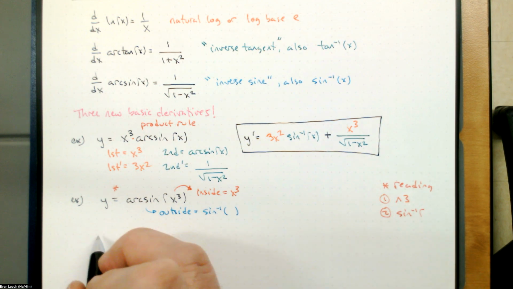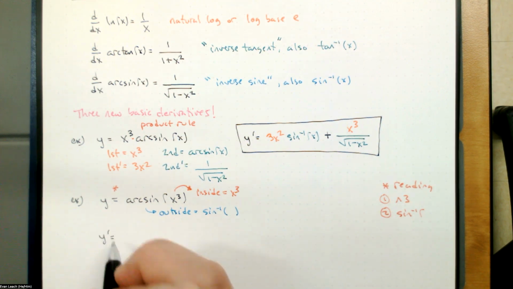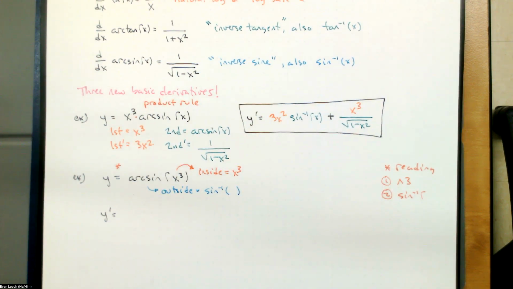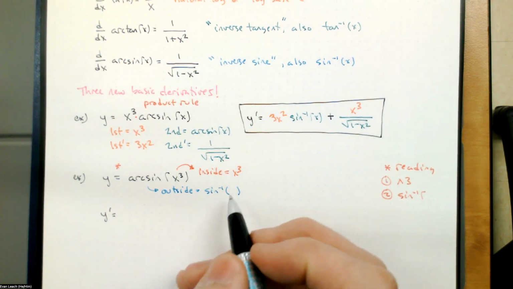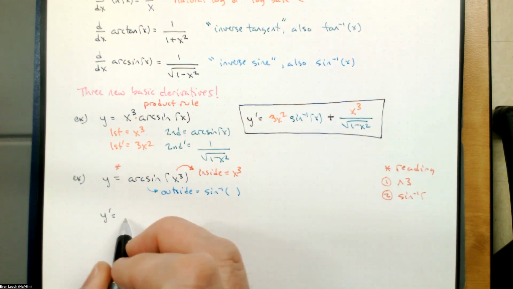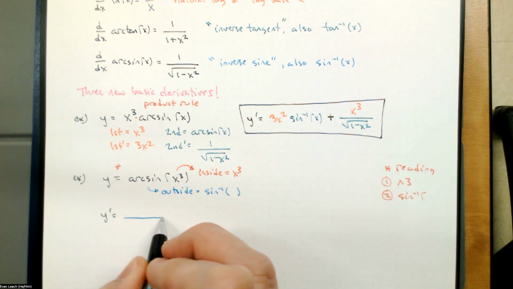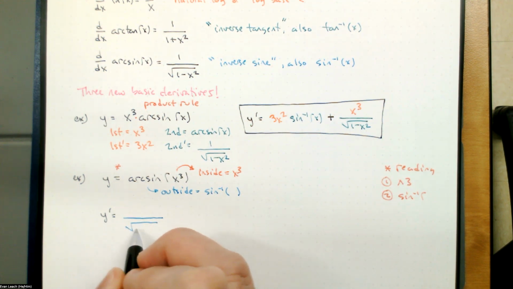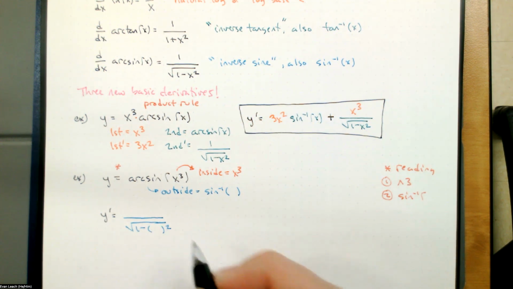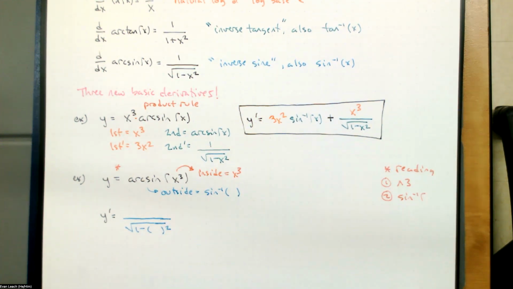So when we go to take the derivative, we take the derivative of sine inverse with respect to x cubed. So sine inverse looks like 1 over the square root of 1 minus thing squared.